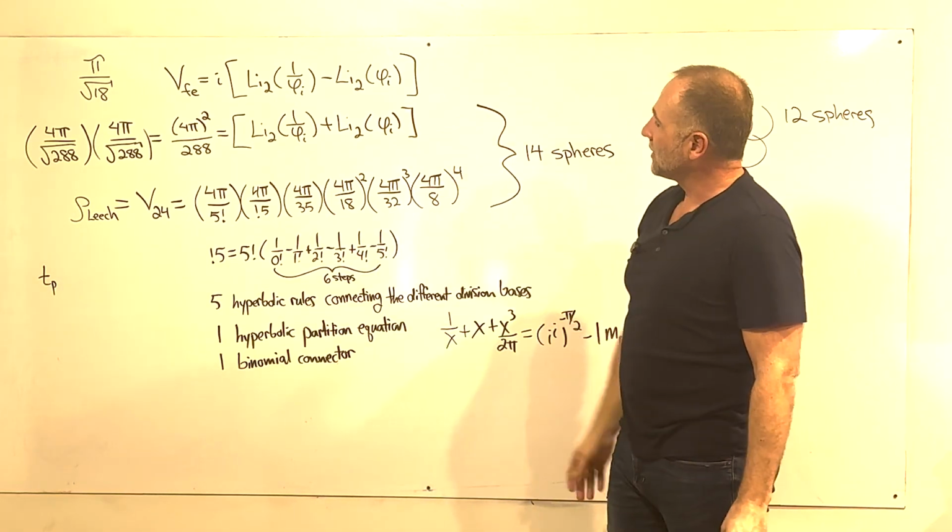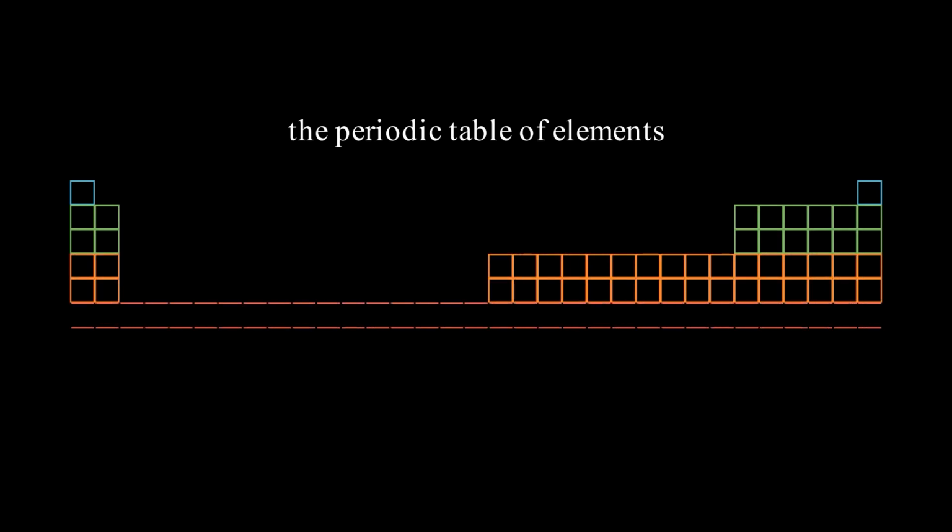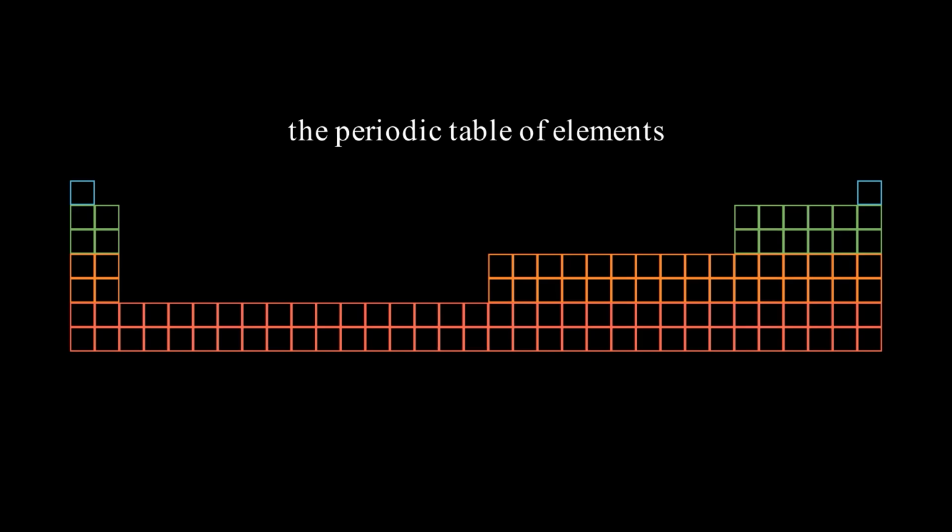Or in chemistry, if you look, the periodic table of elements has 2 elements on the first row, and then 2 rows of 8, 2 rows of 18, and 2 rows of 32. So it's connecting things there.